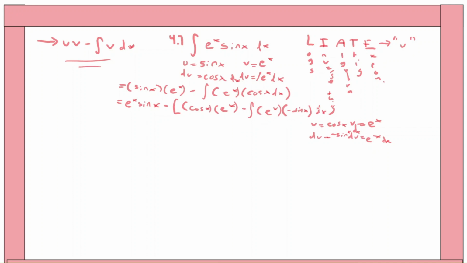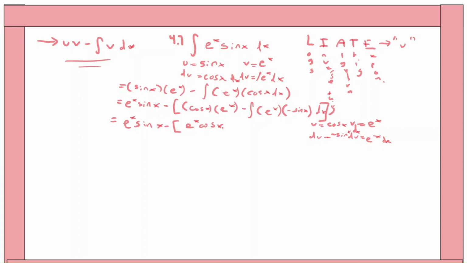Okay? Now what we're going to be doing is we're just going to kind of simplify it a little bit. But just like before, we can't really get rid of these brackets. We're going to have to do a bit more work with it. So we're going to have e to the x sine of x. We're going to keep this on the outside. We'll keep this the same. For the sake of clarity, we're just going to go ahead and get rid of the parentheses here.